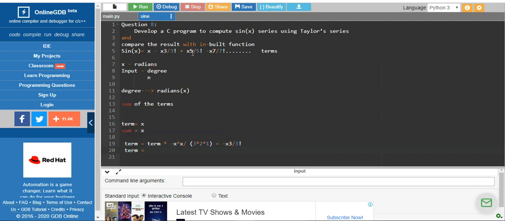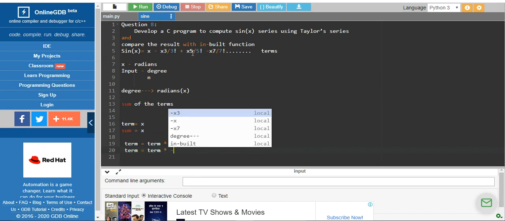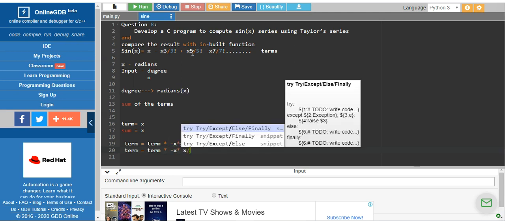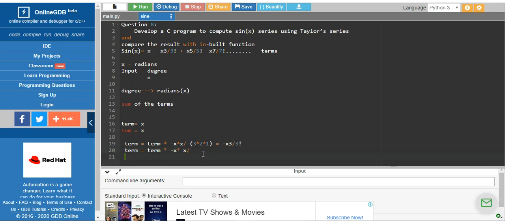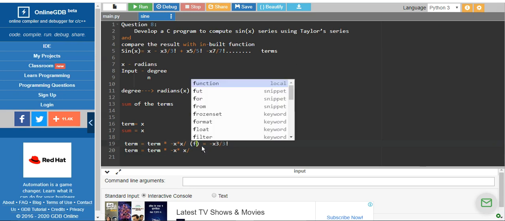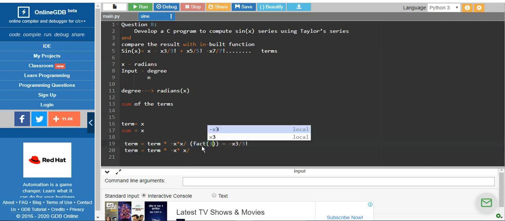I will apply the same equation: the term star minus x star x divided by, okay, consider this as a factorial. So this is factorial of 3, I will take it as the factorial of 3 instead of 3 into 2 into 1.